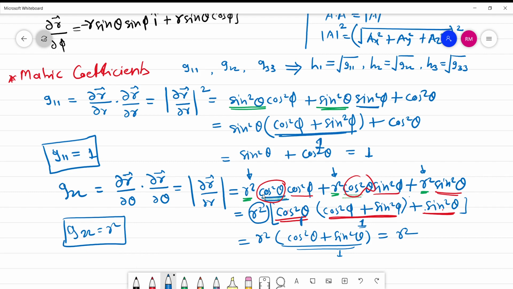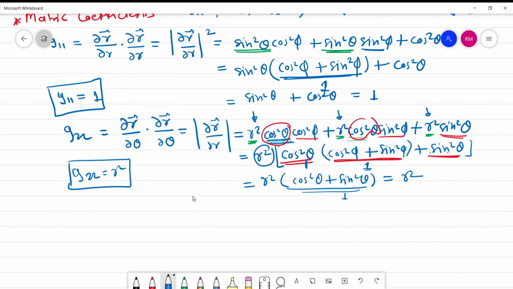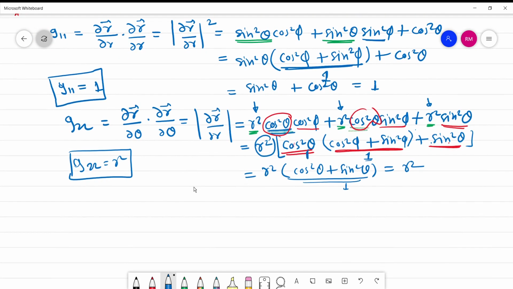The third metric coefficient is G33. G33 is equal to ∂R̄/∂φ dot ∂R̄/∂φ. Okay, so I know if you are taking a dot product of a vector with itself, that simply means the square of that vector's magnitude.